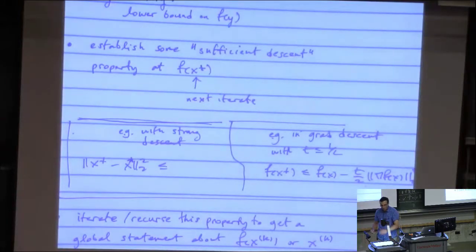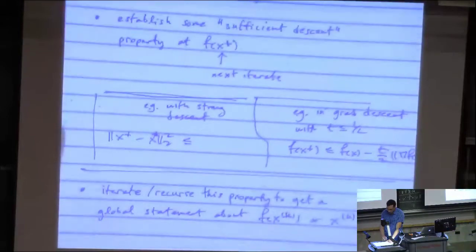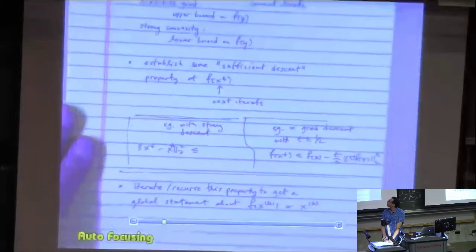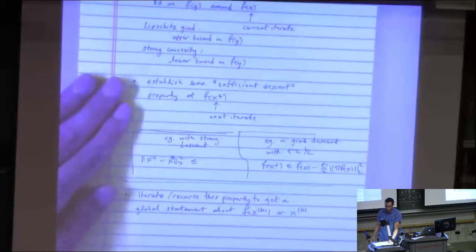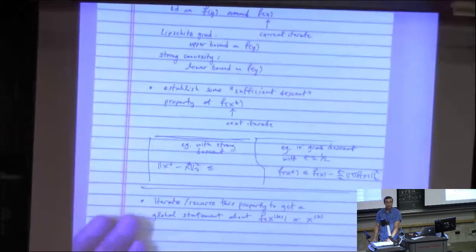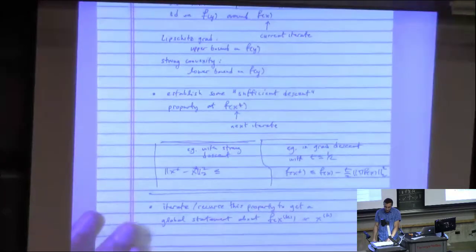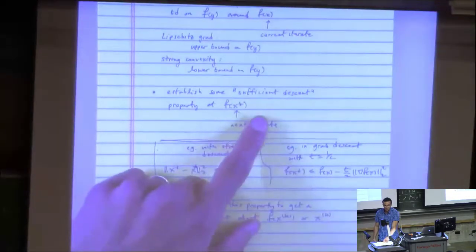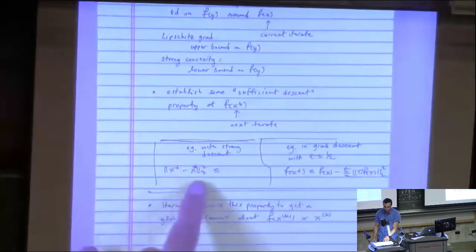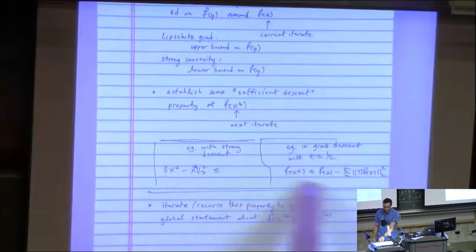So that's what almost every proof we'll see looks like. Write down your assumptions, see what you can say about the function, establish some sufficient descent, iterate that property. Depending on what this looks like, we get slower or faster rates. If it's of this form, we get what we call a linear rate. If it's of this form, we get a sublinear rate.